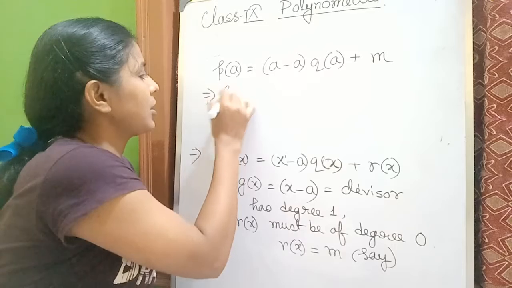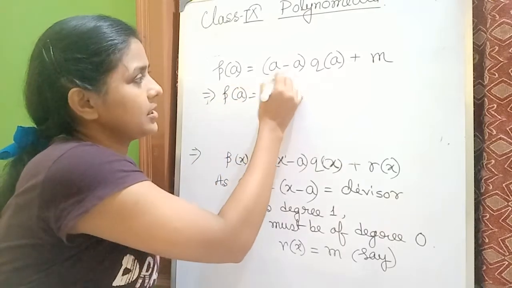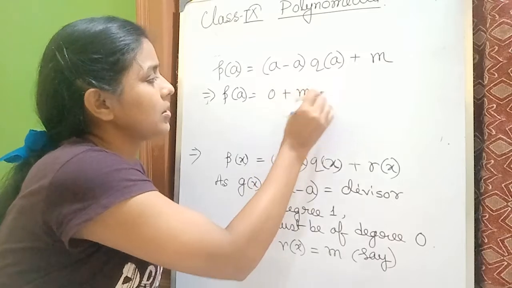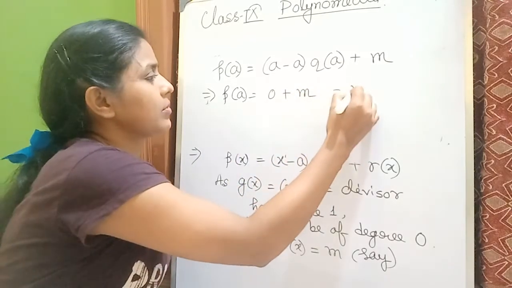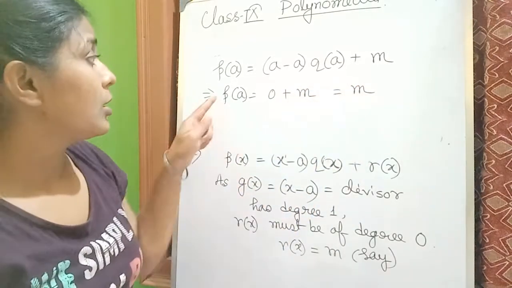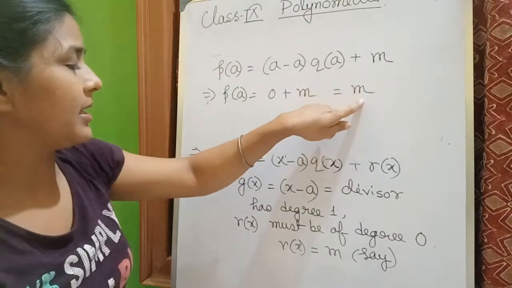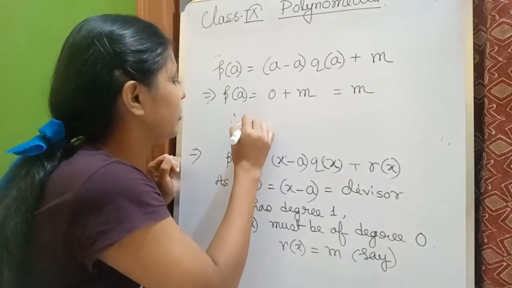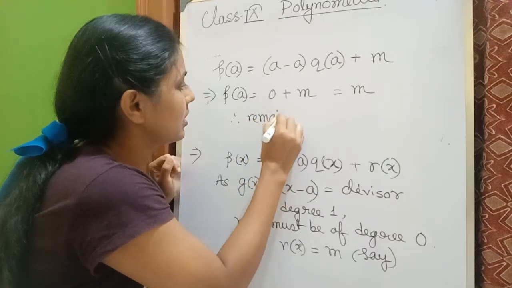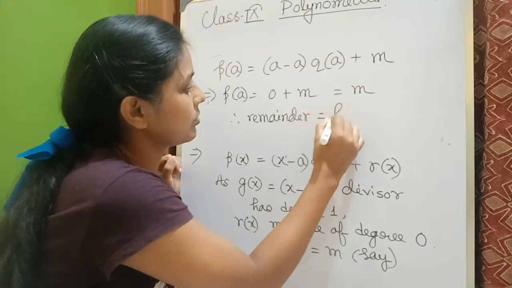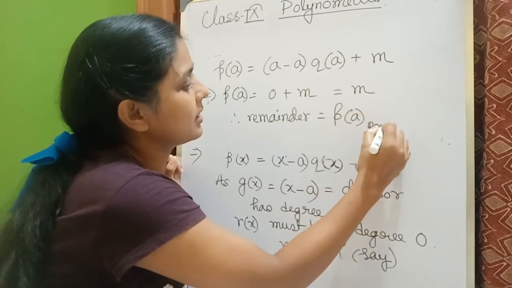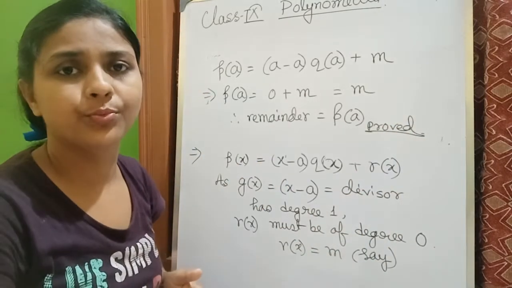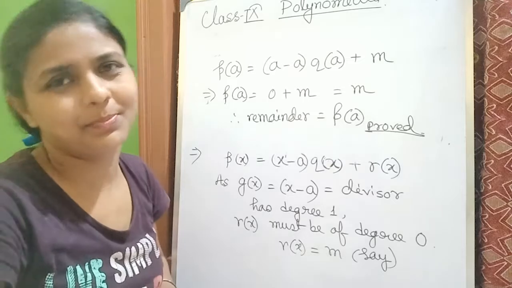From this, p of a equals, this is 0, 0 into anything will give us 0, plus m, and that equals m. So we have got that the remainder is p of a. Therefore, remainder equals p of a, and this only we had to prove. So it is proved. It's very simple.